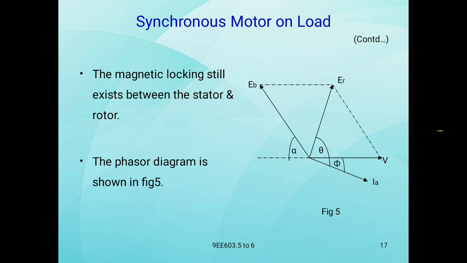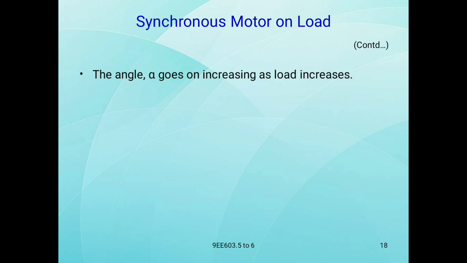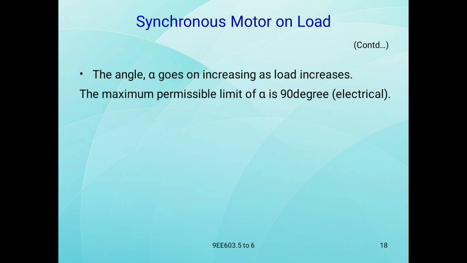In the synchronous motor, the magnetic locking still exists between the stator and rotor. The phasor diagram is shown in the figure. Here the angle alpha goes on increasing as the load increases. The maximum permissible limit of alpha is 90 degrees electrical.